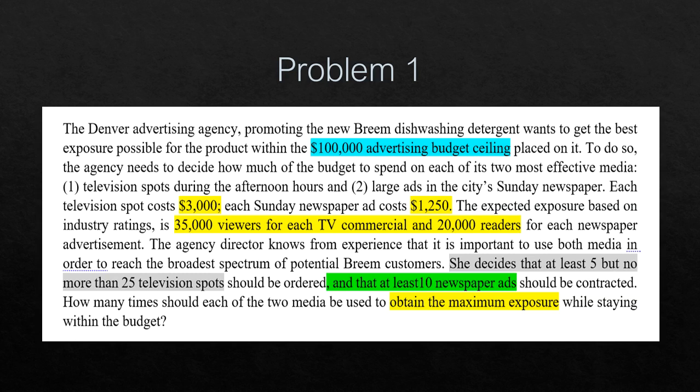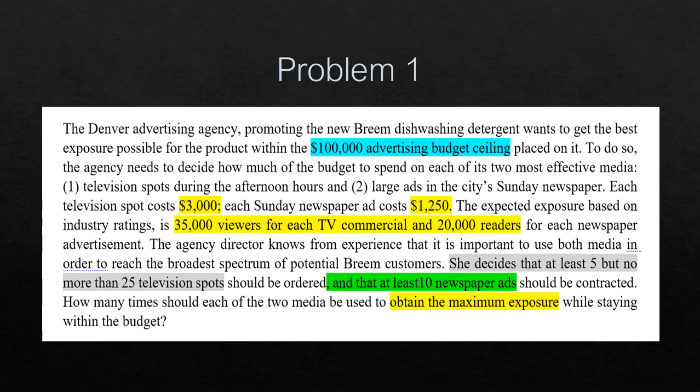Television spots during the afternoon hours, and 2. Large ads in the city's Sunday newspaper. Each television spot costs $3,000, and each Sunday newspaper ad costs $1,250.